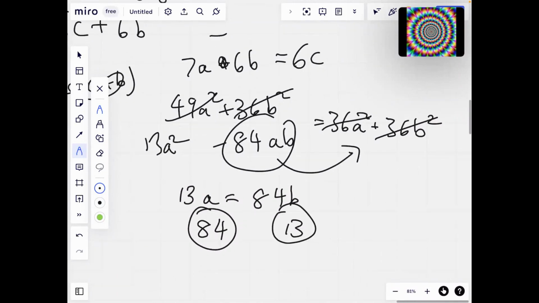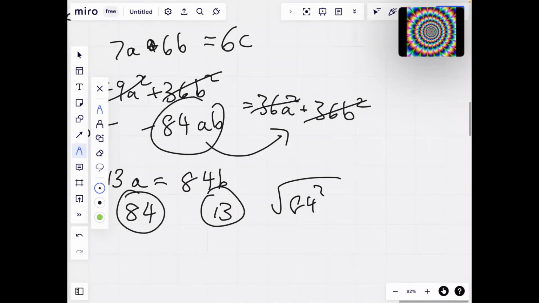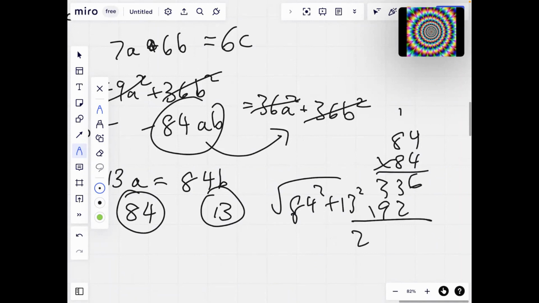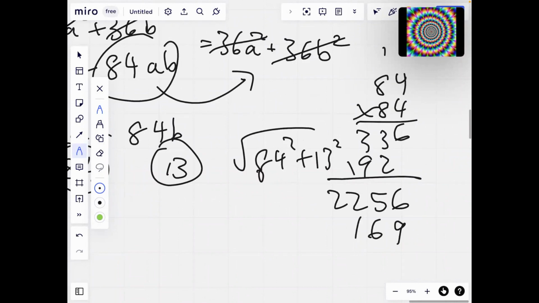And what's the square root of 84 squared plus 13 squared? 2256 plus 169, which is 5242, I believe.